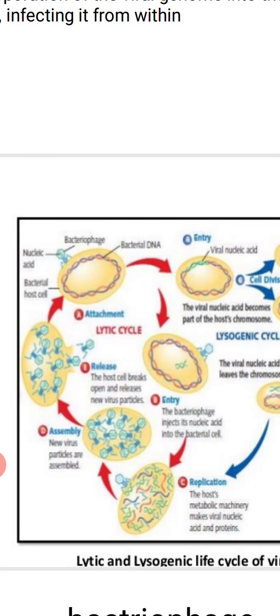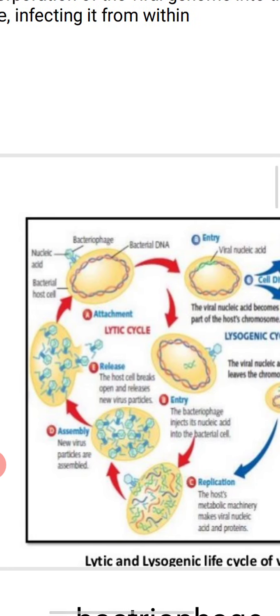When we talk about the lytic cycle, first the bacteriophage. The bacteriophage has a head portion, a collar portion, and a tail portion to attach to the host. It has a single nucleic acid in its head, and this is injected into a bacterial host cell, which has bacterial DNA, as you can see.